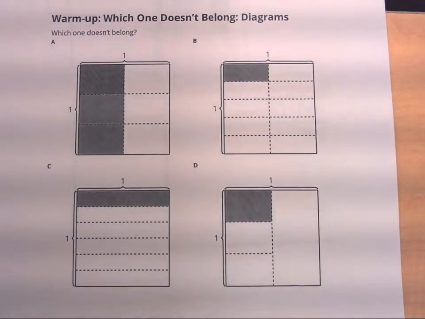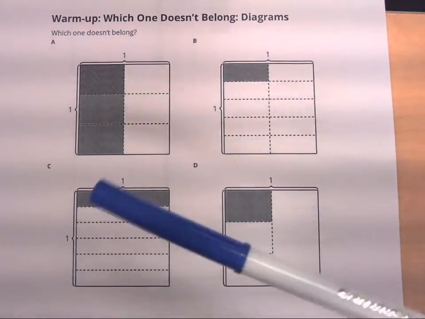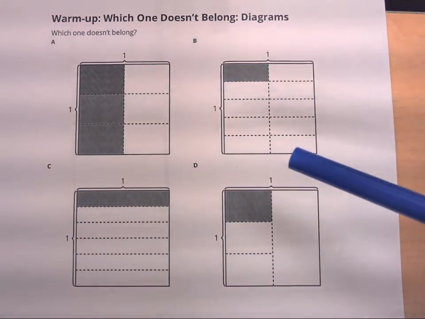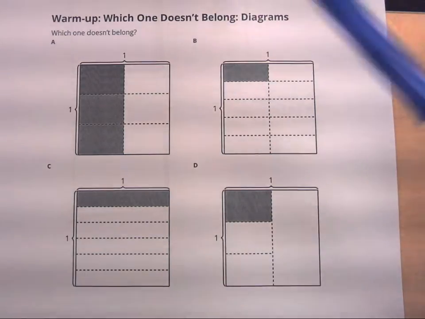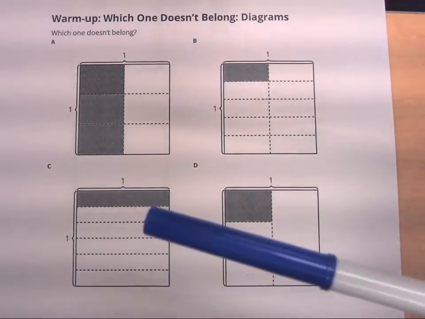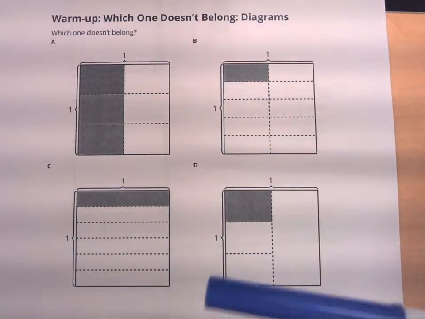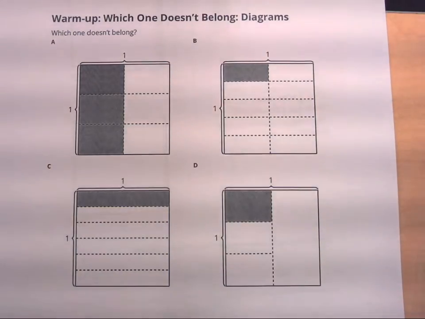So, for example, several students noticed that in diagram A, the number of partitions is 10, while the number of partitions in A, C, and D are 6.